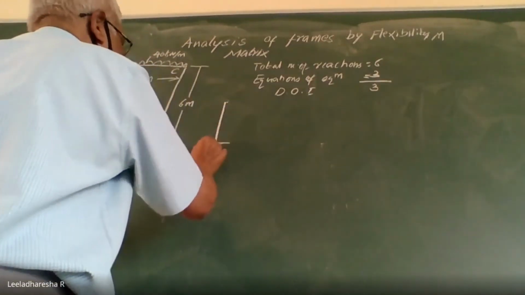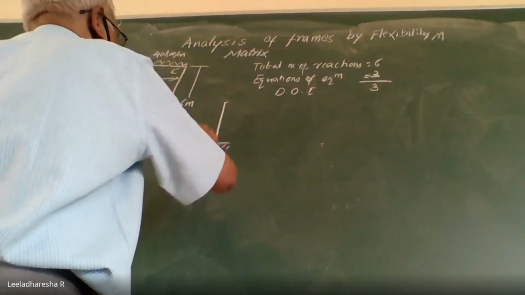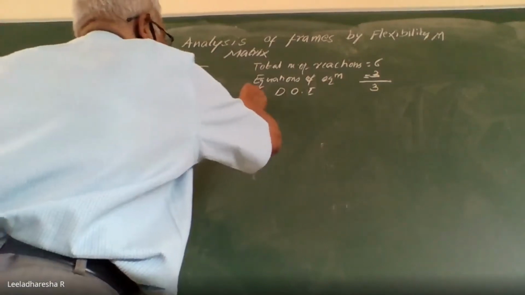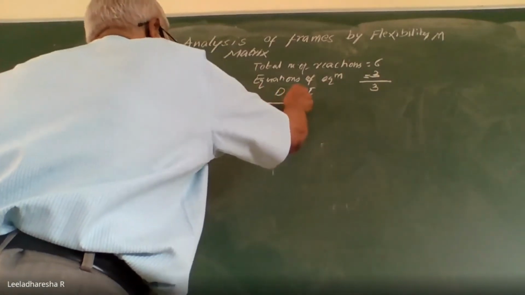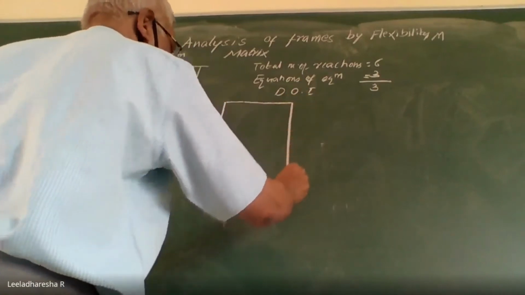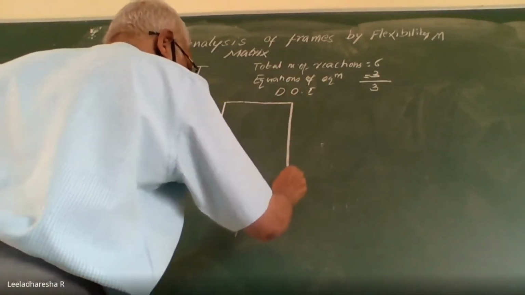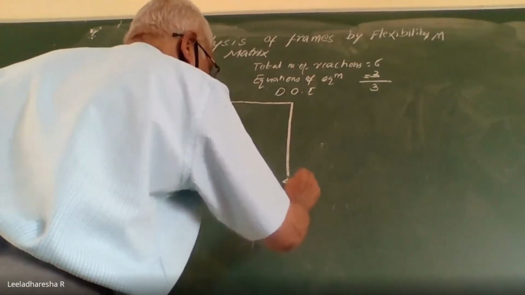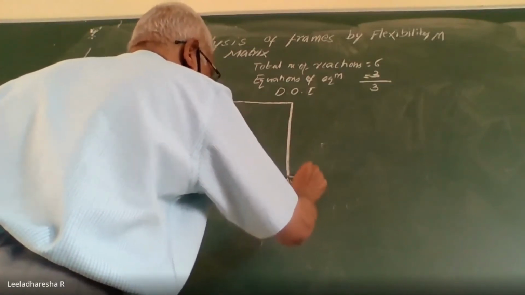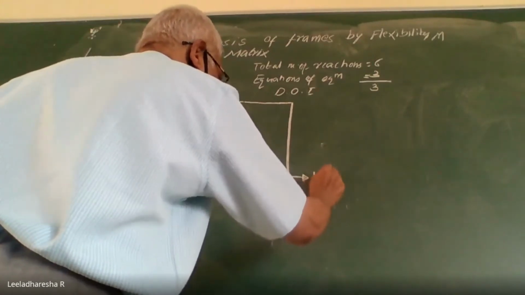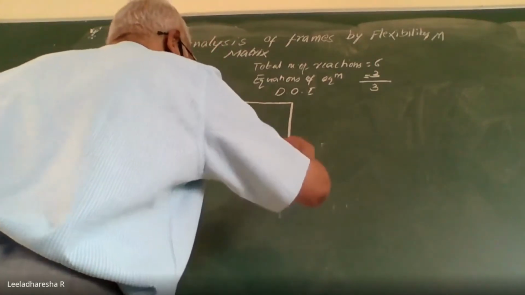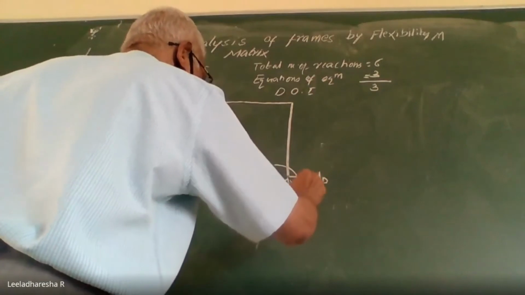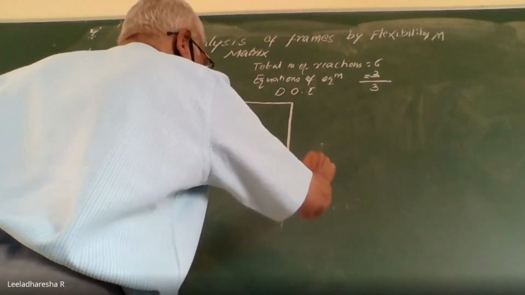I will keep maintaining fixity at end A. Then I am going to release the structure. See, I am assuming coordinates: one in the vertical direction, which you can call VD, then another horizontal reaction, which you can call HD, and a moment, that is MD.